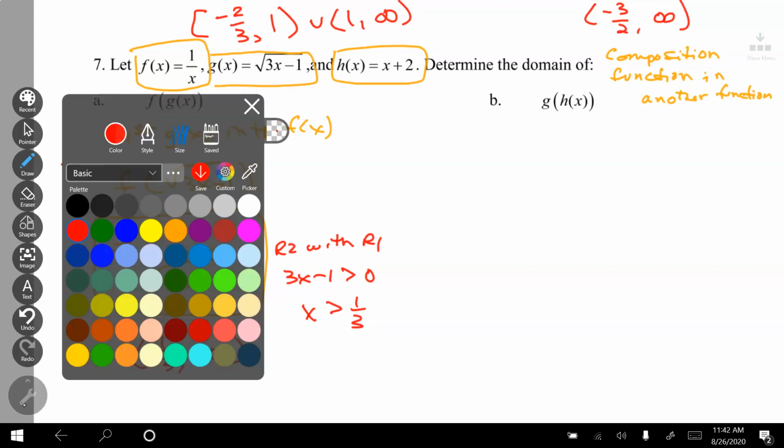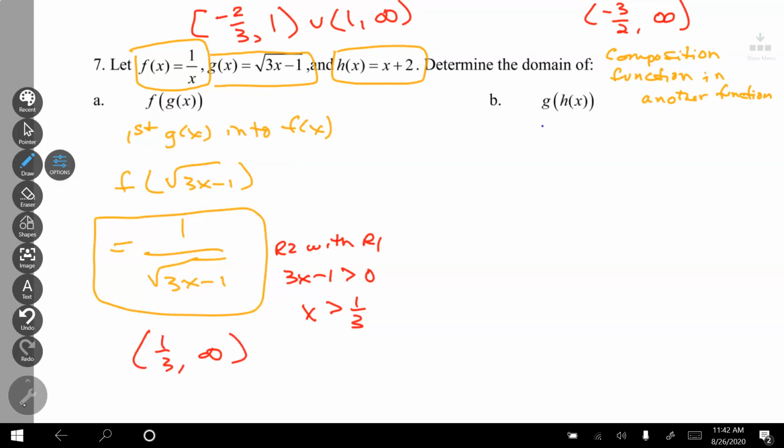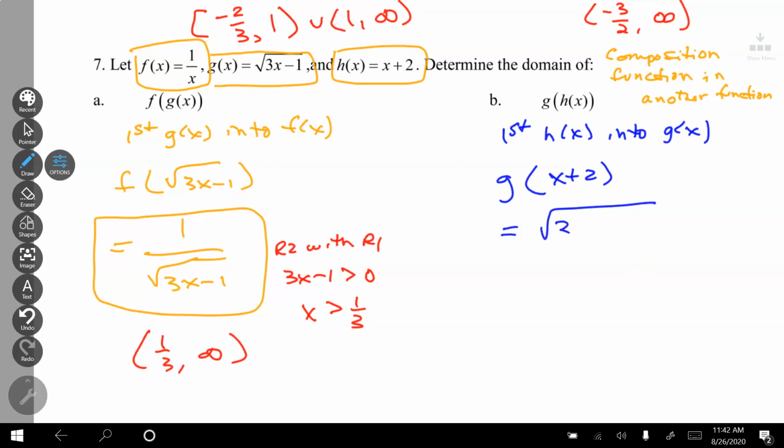And this next problem is going to be first h and then into g. So it's g of h, and h is just x plus 2. And that is going to equal the square root of 3 times x plus 2 when I put h in there, minus 1, and I get the square root of 3x plus 6 minus 1, which is plus 5.